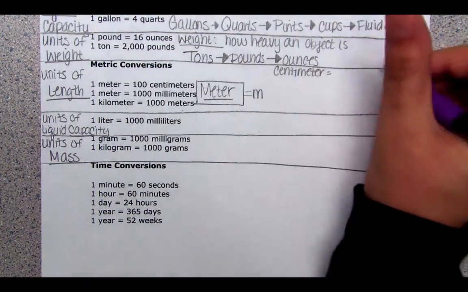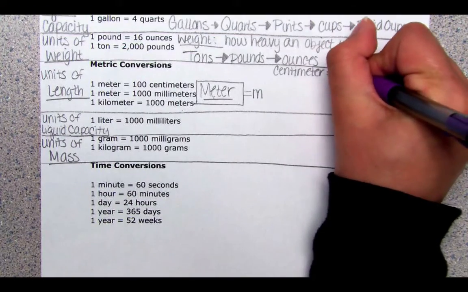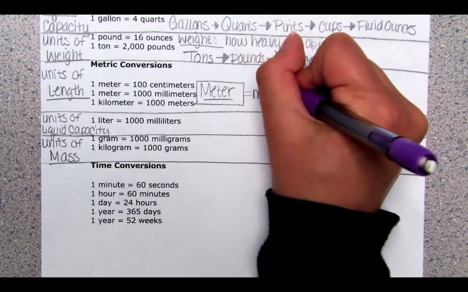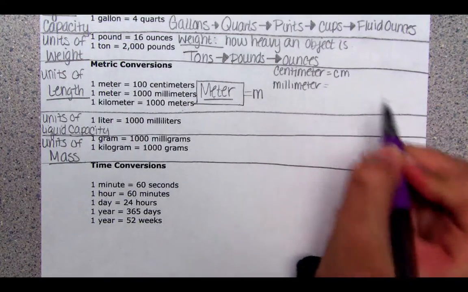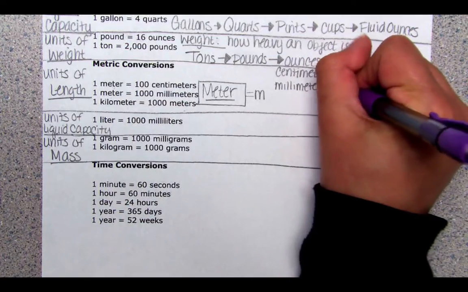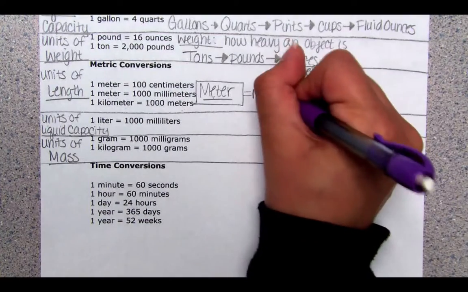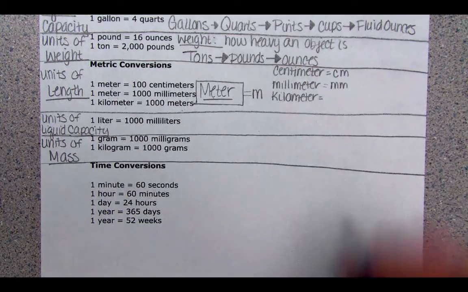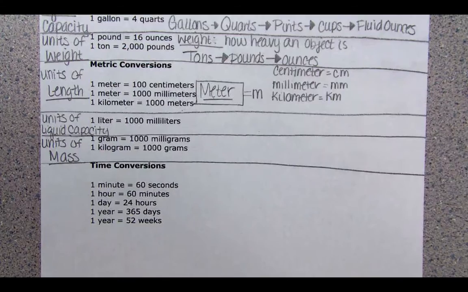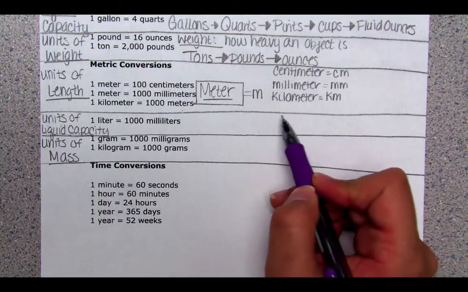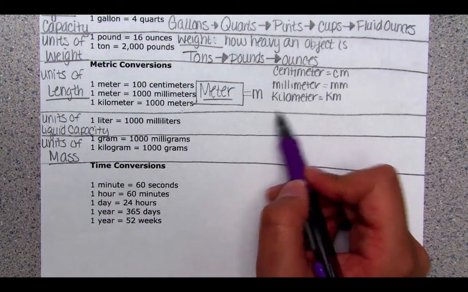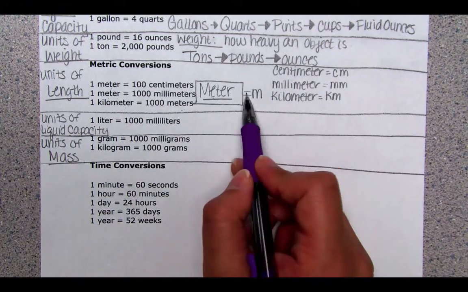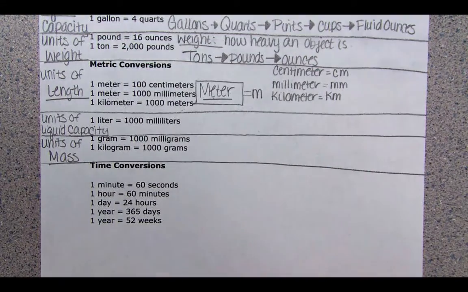The abbreviation for centimeter is cm. Lowercase c, lowercase m. We also have millimeter. The abbreviation for millimeter is lowercase m, lowercase m. And we have kilometer. And the abbreviation for that is km. So you will see abbreviations here, and it's okay if you abbreviate for the metric system because these are very long words. So it's just important that you understand what the abbreviations are for each of these units of measure.